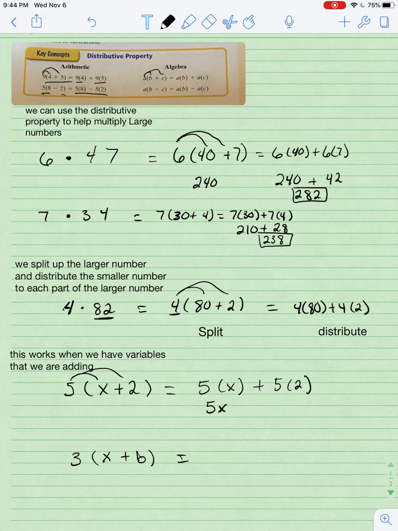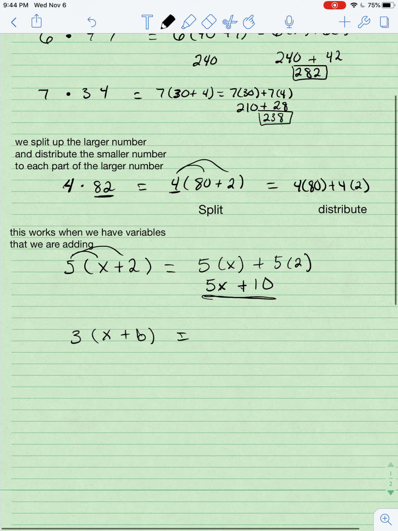Anytime you have a variable next to a constant or a whole number, that's just saying that you're multiplying, so you have x 5 times, that'd be 5 times x. And then 5 times 2 just gives us 10. So here we've distributed and simplified this as much as we can.